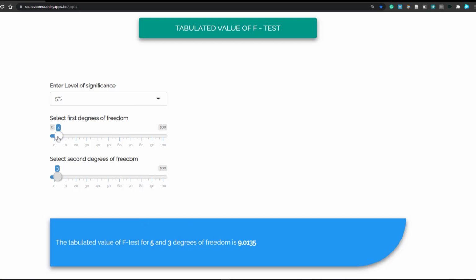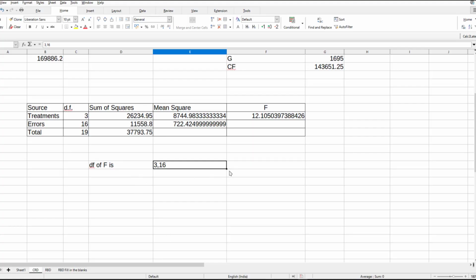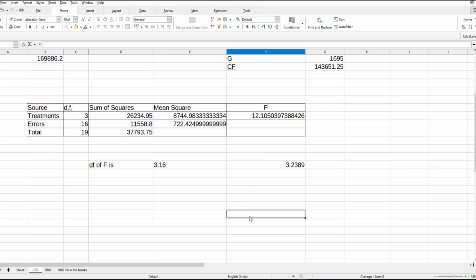So I will set the first degrees of freedom to 3 and the next one to 16. So the tabulated value of F test for 3, 16 degrees of freedom is 3.2389. This is the tabulated value.